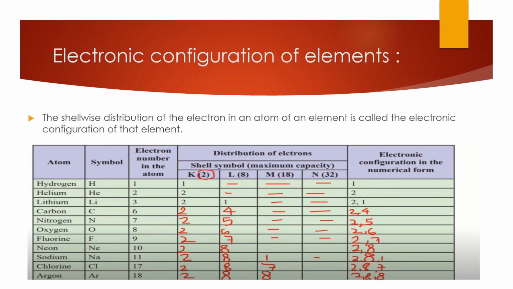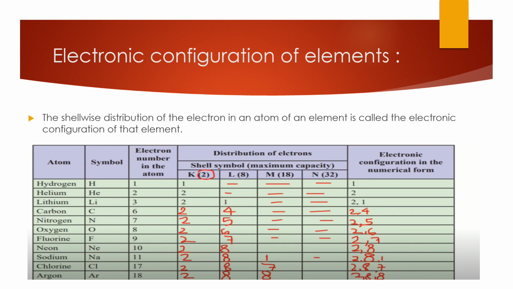So once that is done, the electronic configuration of the elements has been done. Now, what is electronic configuration? The shell-wise distribution of the electrons in an atom of an element is called the electronic configuration of that element.